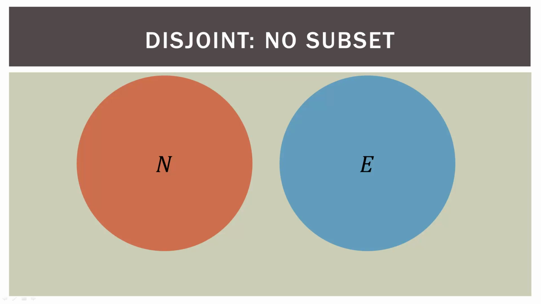Now, disjoint sets, there is no subset. Okay, there's no intersection. They're completely separate. So in this case, set N intersect E, okay, is null. It's empty. So there is no intersection between N and E. And of course there's no subset because they don't overlap in any way.